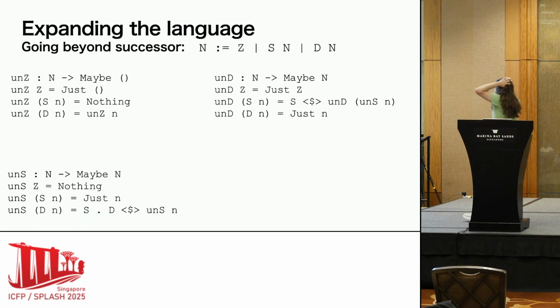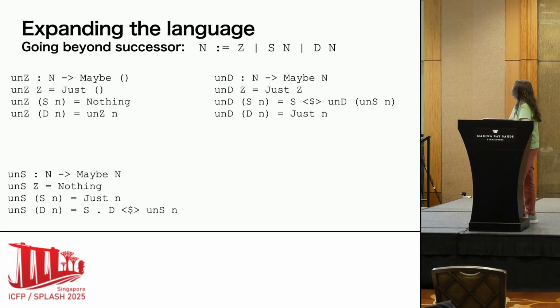The part to keep an eye on here is the successor versus double case, because then we have to add 2 constructors instead of just 1. For example, on the bottom left, if we're taking the predecessor of a double, then we have to half it, take the predecessor of that, and then double and add 1.